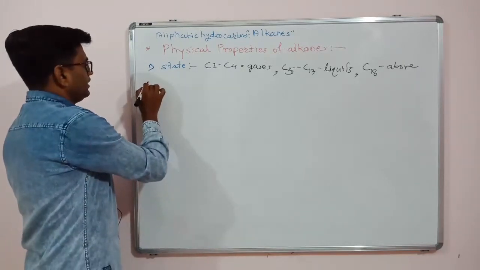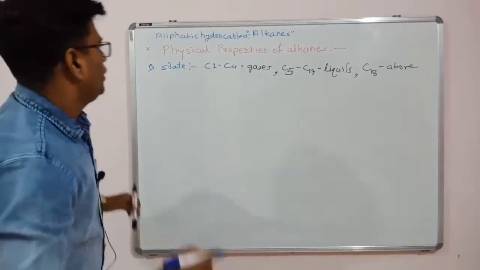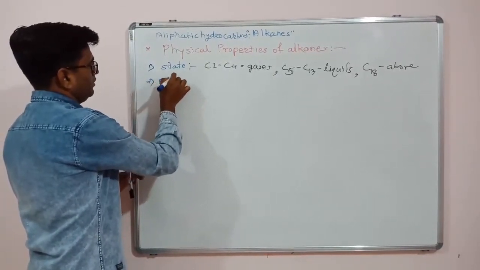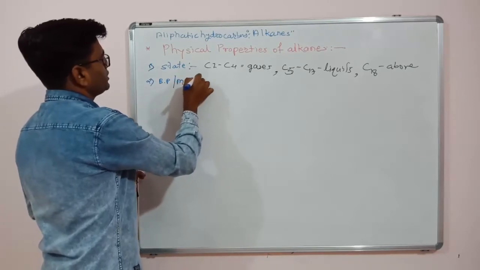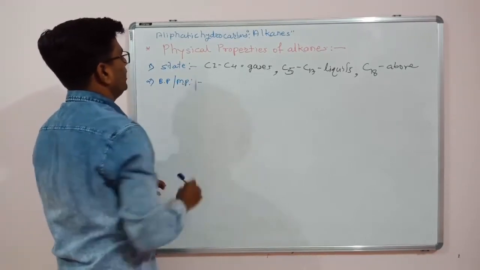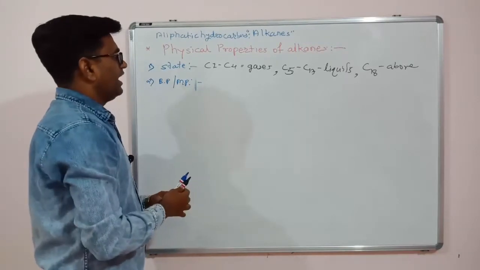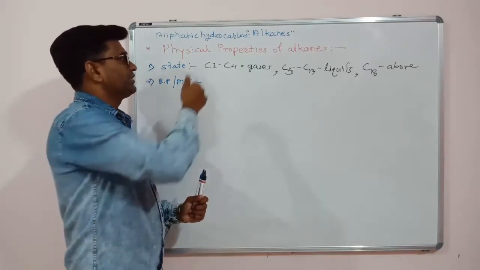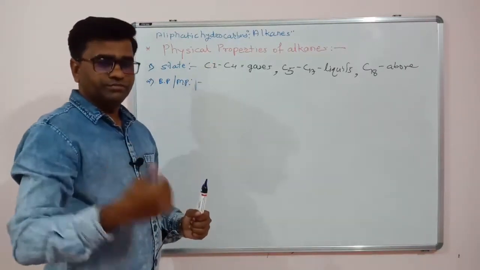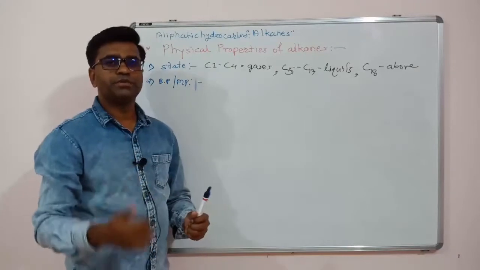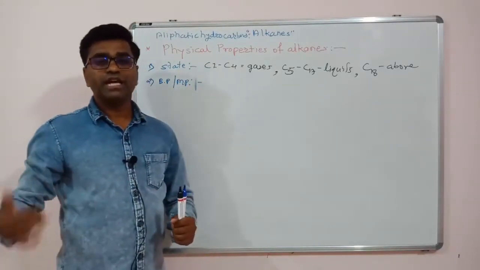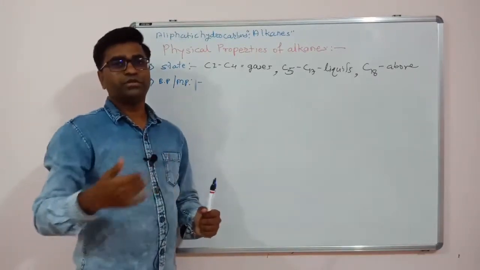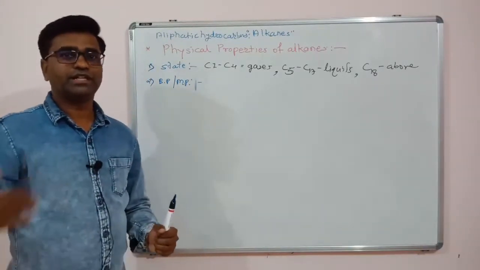Then we will see their boiling points and melting points. These are the physical constants. As we know, as the number of carbons increases, methane, ethane, propane, butane, pentane, hexane, heptane, octane, nonane, and further, not only decane, but undecane, dodecane, tridecane, like that.